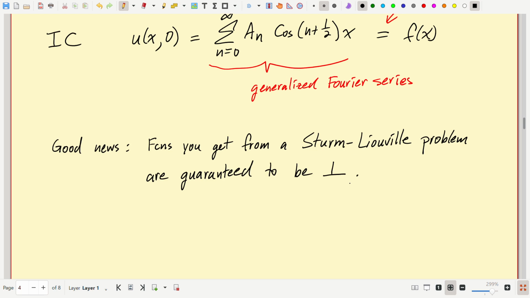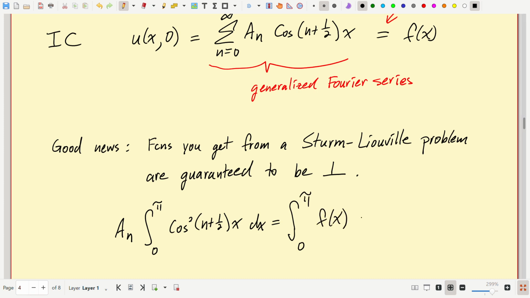That means if I multiply through by that, I would get a_n times the integral from 0 to pi of cosine squared of (n plus a half) x dx is equal to the integral from 0 to pi of f(x) times cosine (n plus a half) x dx.